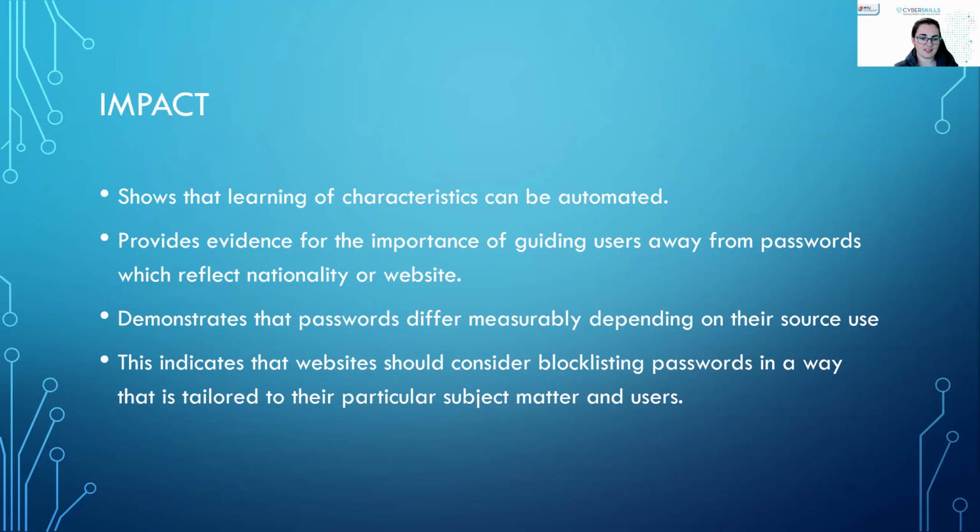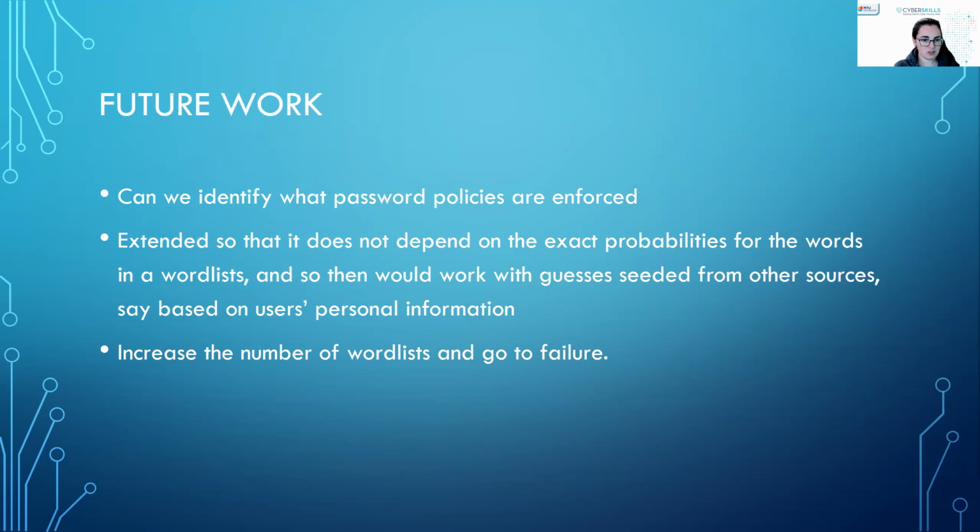And it indicates that websites should consider block listing passwords in a way that's tailored to their specific subject matter and users. And in future work, we hope to be able to use it to identify password policies, like what ones are enforced or were enforced at a certain time, to automate the identification of that.